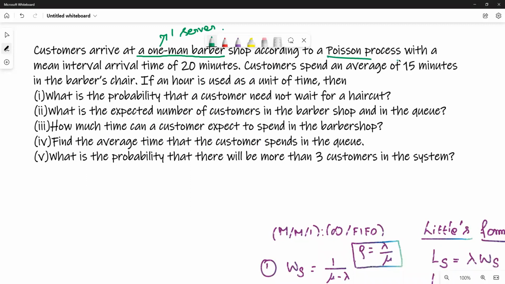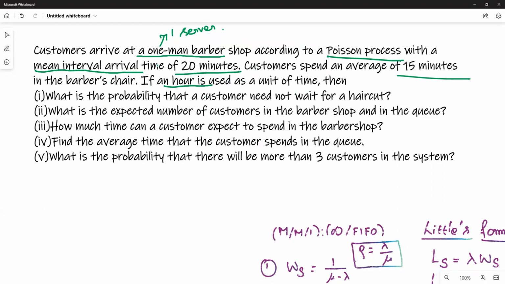Here, the barber is the server. The Poisson process has a mean inter-arrival time of 20 minutes. Customers spend an average of 15 minutes in the barber's chair, that is, service time is 15 minutes. If an hour is used as the unit of time, these are the things they have asked to find. First, let us see how to identify the model.